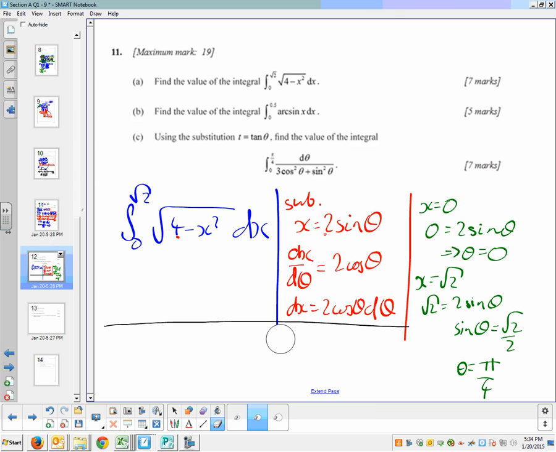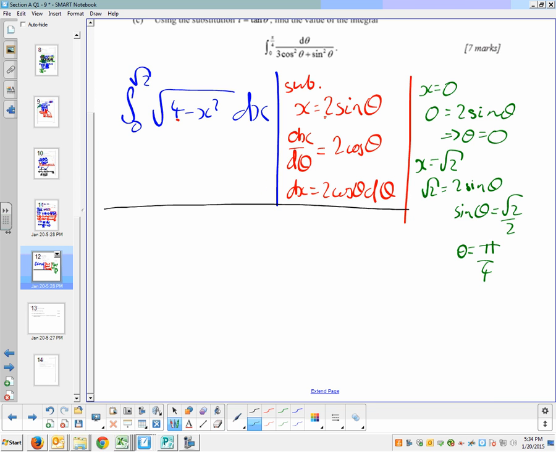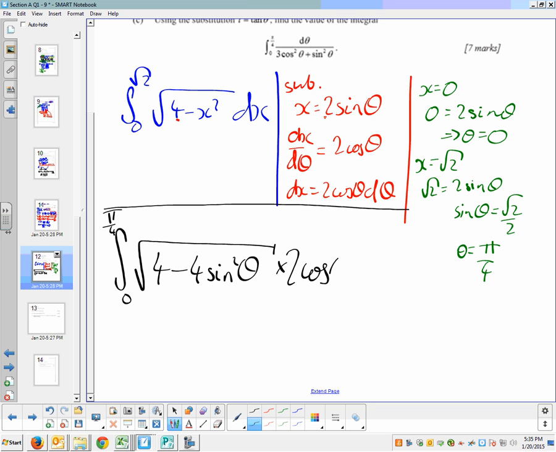So, putting all that together, you get that the integration is not from 0 to root 2, it's from 0 to pi by 4 of the square root of 4 minus 4 sine squared theta, replacing x, and replacing dx we get times 2 cos theta d theta.